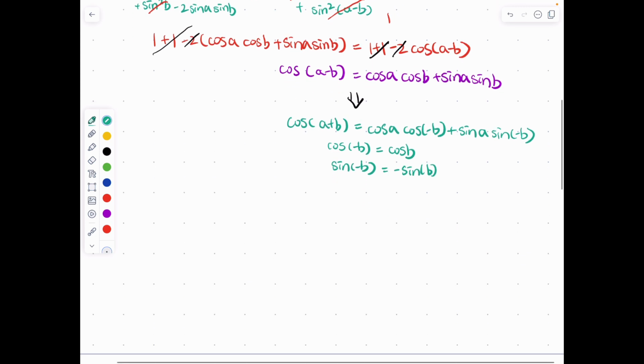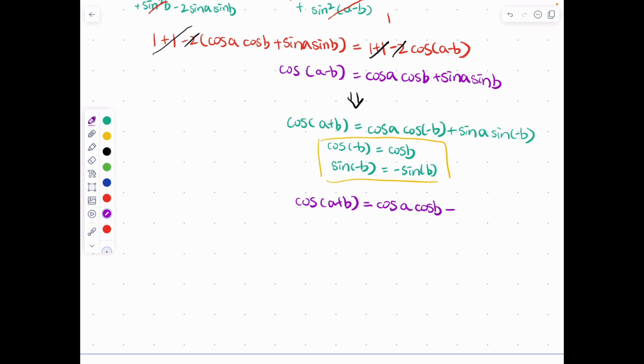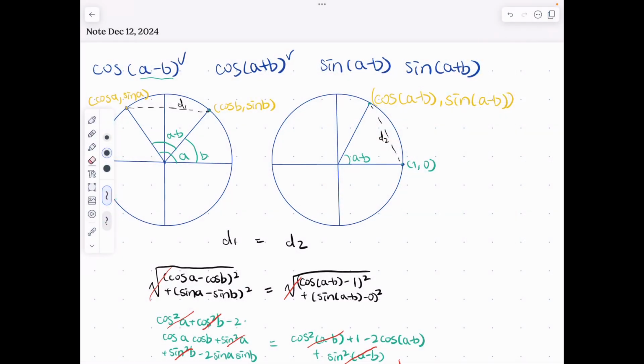So through these, we can find that cosine of a plus b is equal to cosine of a cosine of b minus sine of a sine of b. Okay, so that's good. Now we have proved these two.